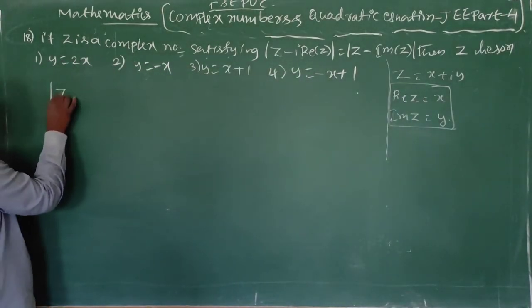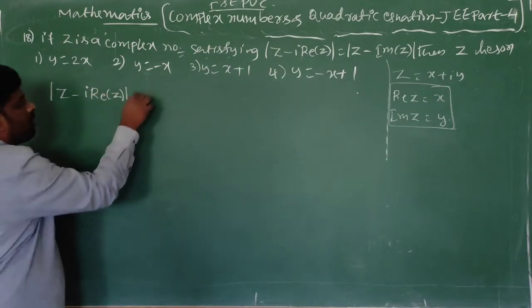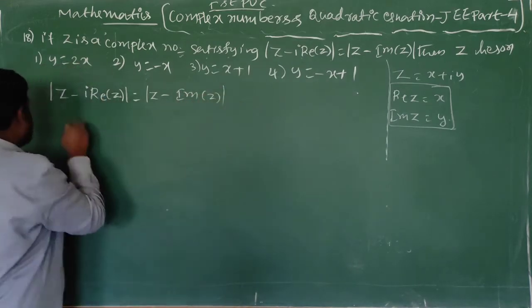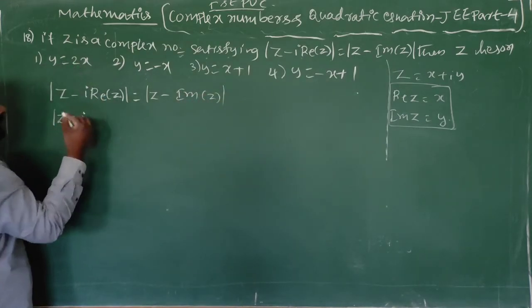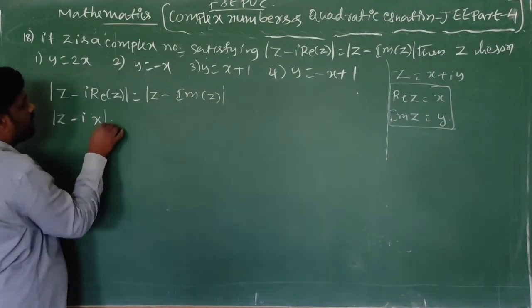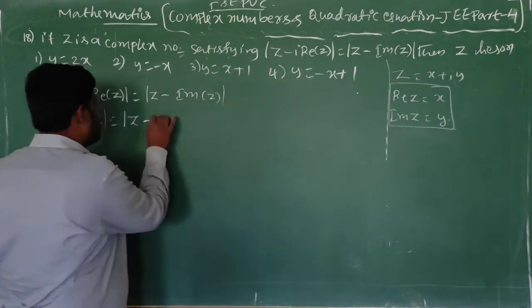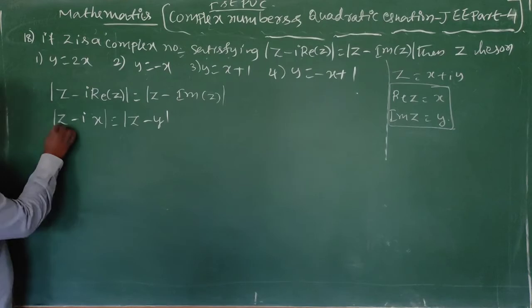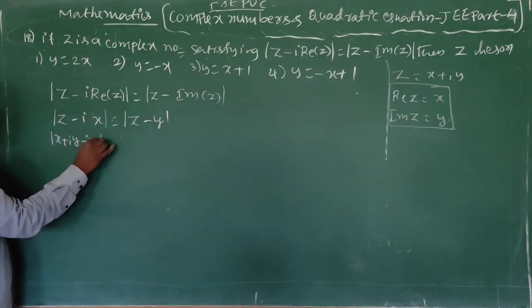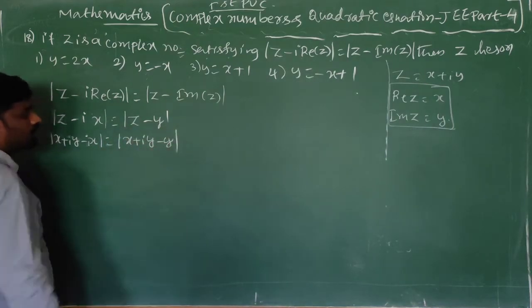So now modulus of (z minus i real part of z) equals modulus of (z minus imaginary part of z). So z minus i real part of z is what? z minus ix, so x plus iy minus ix is equal to modulus of x plus iy minus y.